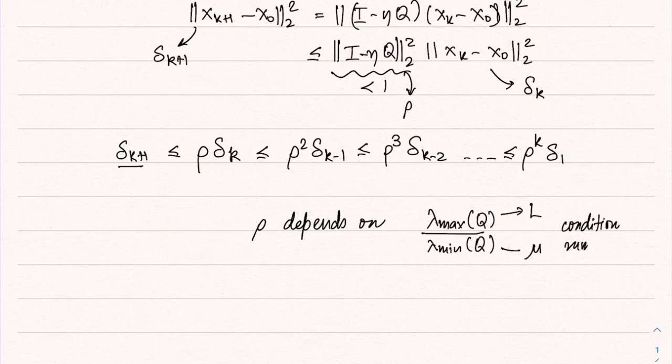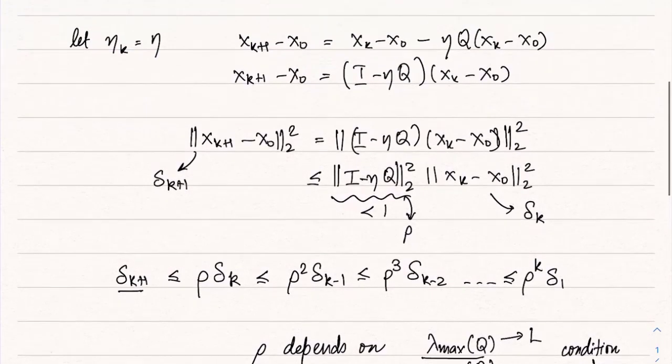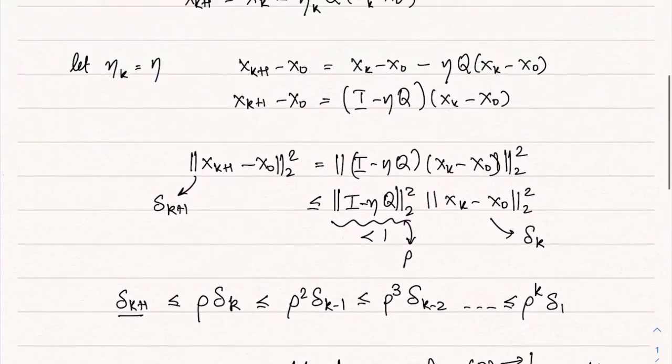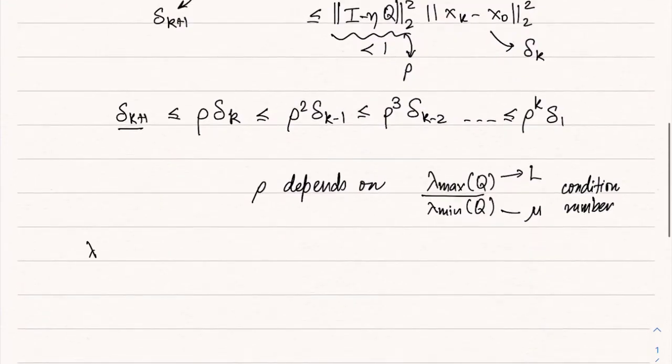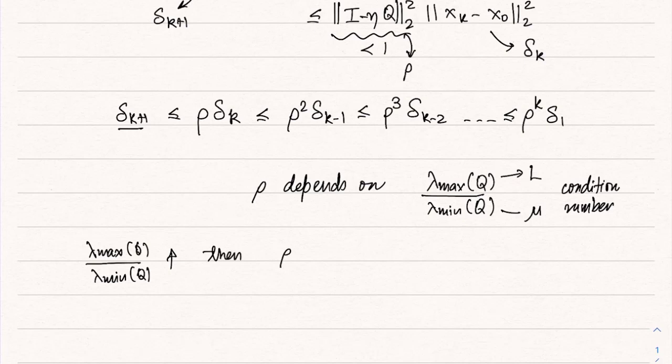So rho depends on the condition number, and it is natural to see here that if the condition number is large, so when lambda max of Q by lambda min of Q is large, then rho is very close to 1, which means that there's not much decrease. The rate of decrease is very slow. So this leads to slow convergence, right?